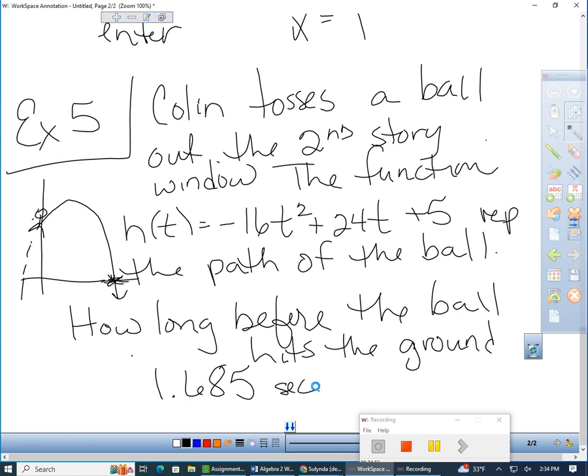Your graph is off. It's 16x squared plus 24x, oh, it's plus 5. That's an easy fix. Down to your 0. We want to do this one over here, so you push all the way to the left so you're above that side.